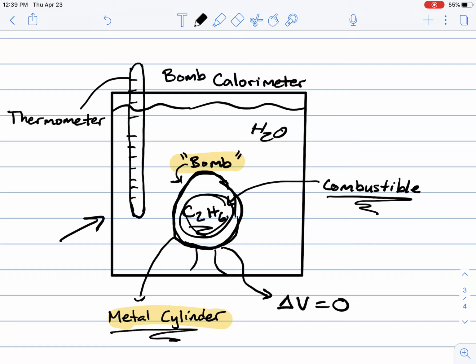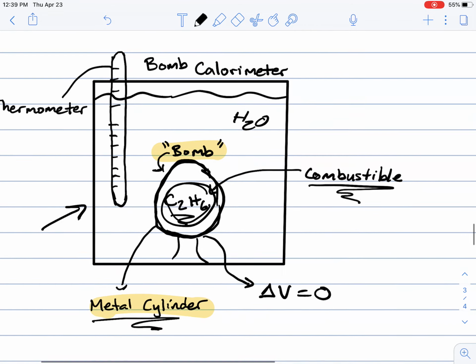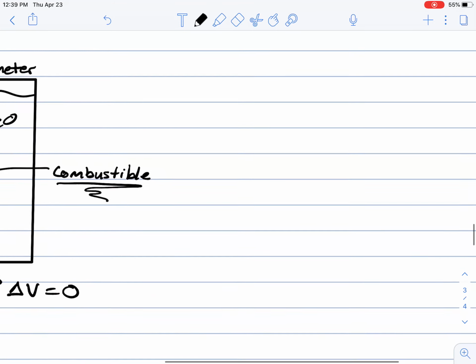So what does that do to our equation for the change in internal energy?